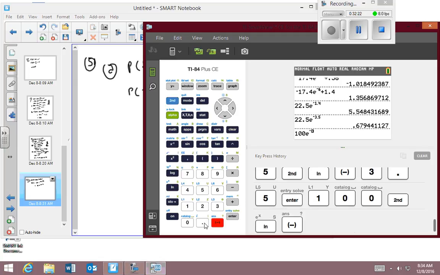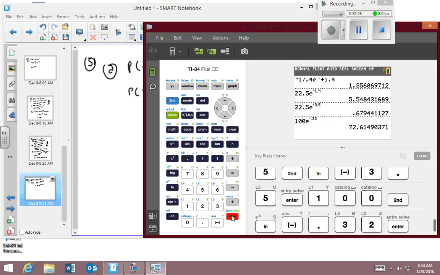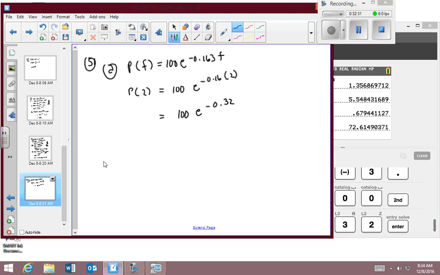That's 72.6%. So that's the percentage of surfactants that remain in the fuel.